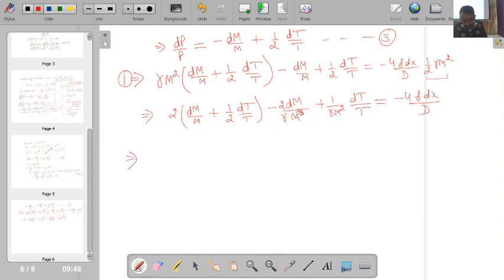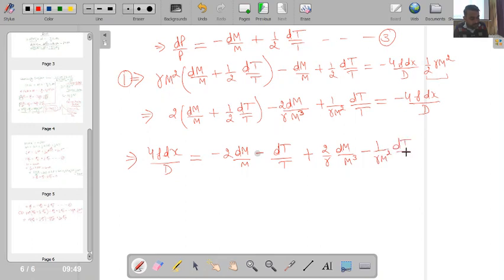And simply I can take the minus sign also on the left hand side, so I will get 4f dx by d as nothing but minus 2 dm by m, and this will also become minus, and 2 will cancel out, minus of dt by t plus 2 by gamma dm by m cube minus 1 by gamma m square into dt by t. Okay, up to this point is it clear?